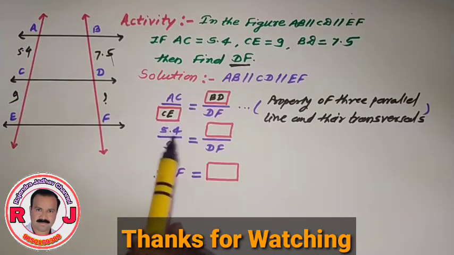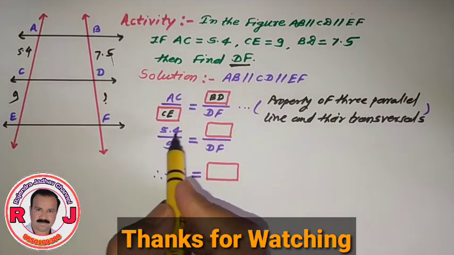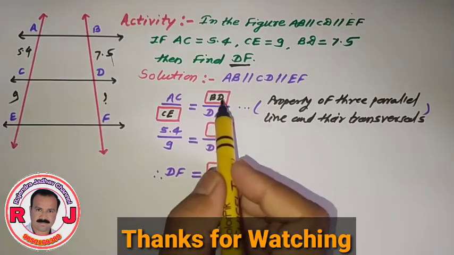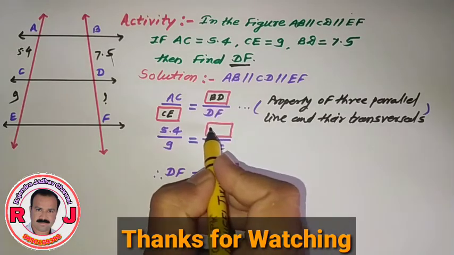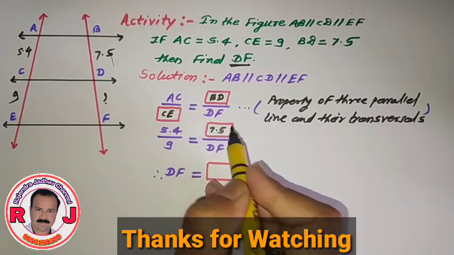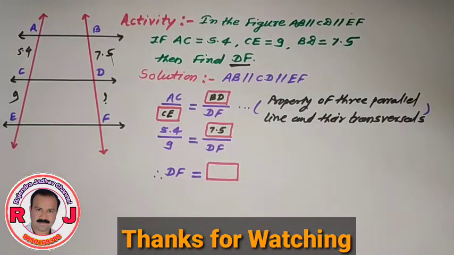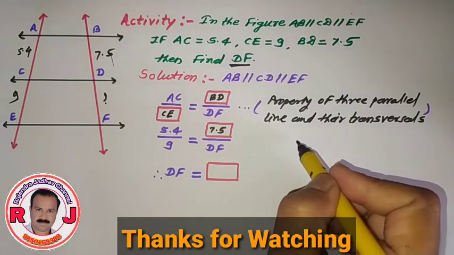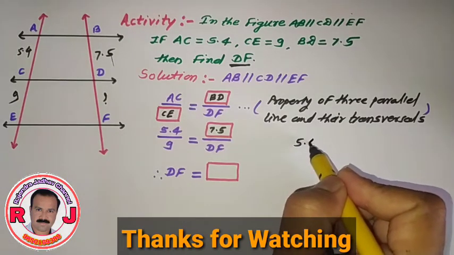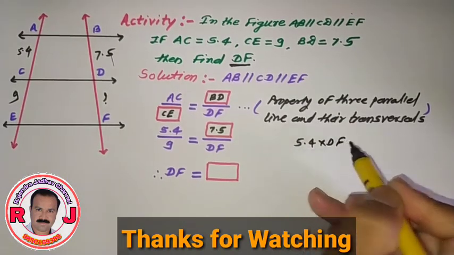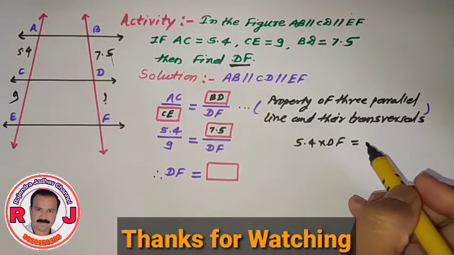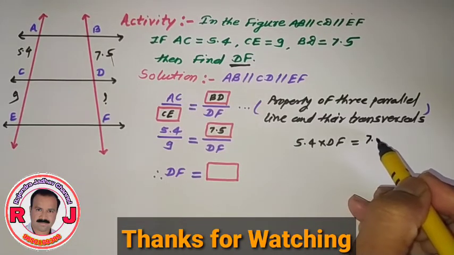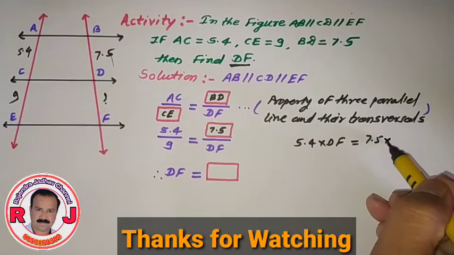Fill in the values. AC is 5.4, CE is 9, and the value of BD is equal to 7.5. Then do rough work on the rough page. Cross multiplication of these two ratios: 5.4 into DF is equal to 7.5 into 9.